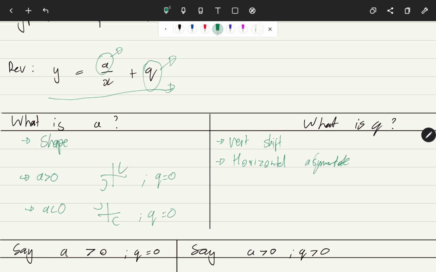And an asymptote, by definition, is a line that your graph will approach but will never touch. The line that your graph approaches but never touches, that will be the asymptote.